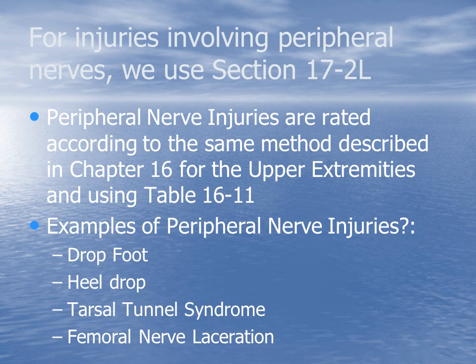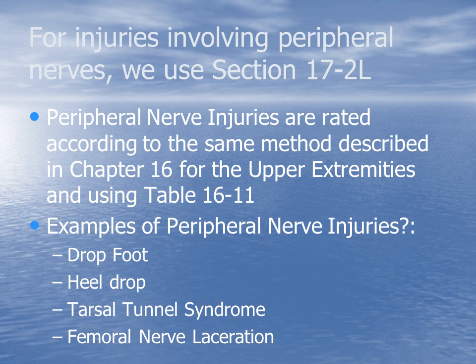We could have tarsal tunnel syndrome, where the tibial nerve gets compressed right near the medial malleolus. That's a nerve entrapment syndrome. We could have drop foot due to common peroneal nerve injury. We could have a heel drop, and all different types of peripheral nerve injuries in the lower extremity.